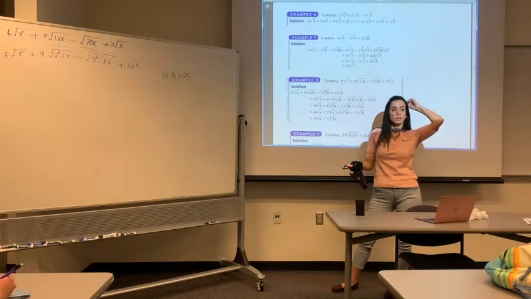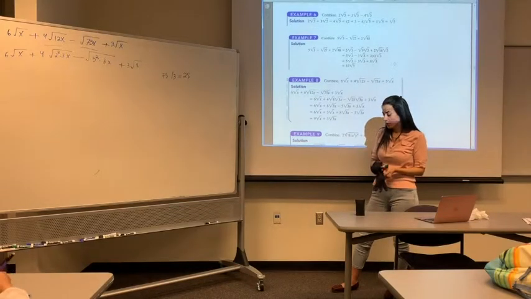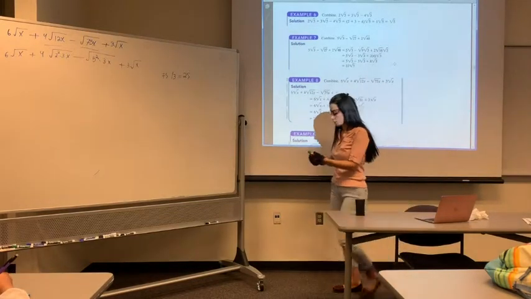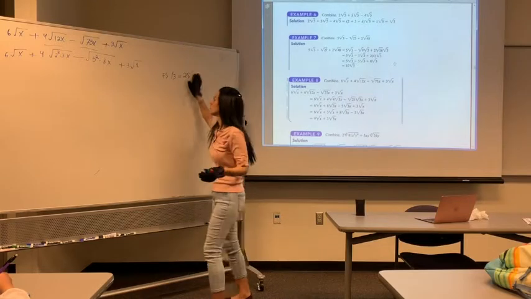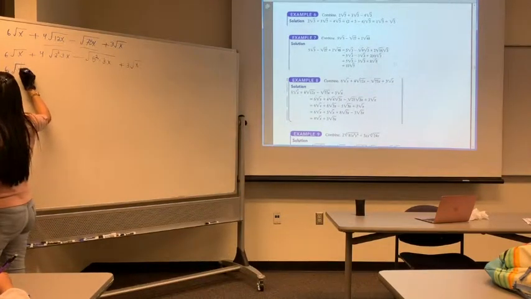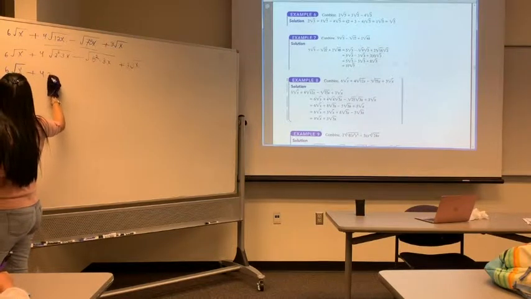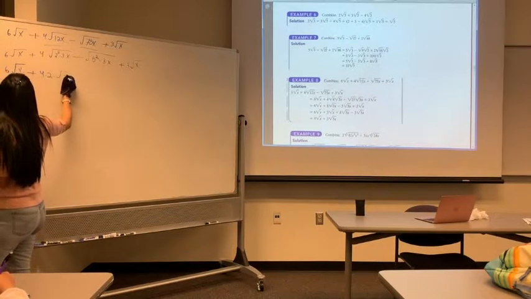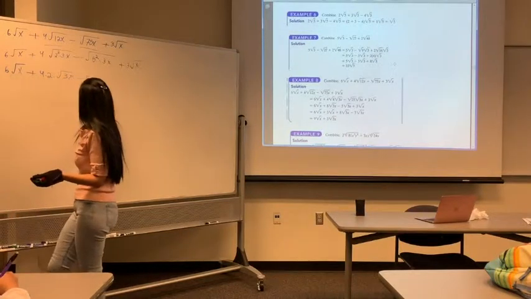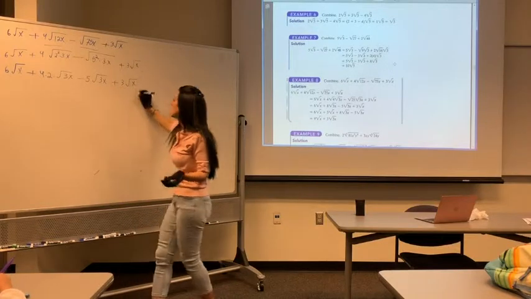Do you have any questions so far? 6 radical x plus 4 multiplies to 2, 3x minus 5 radical 3x plus 3 radical x.